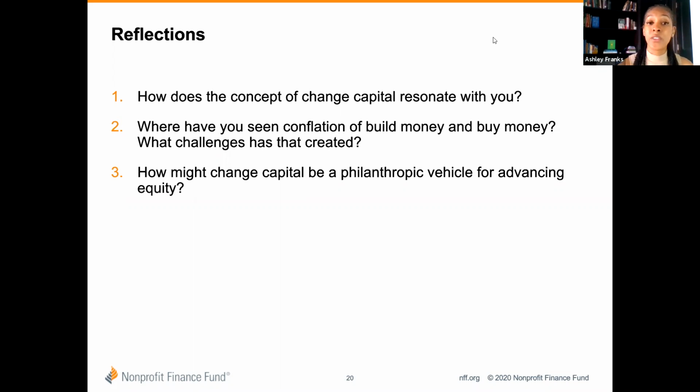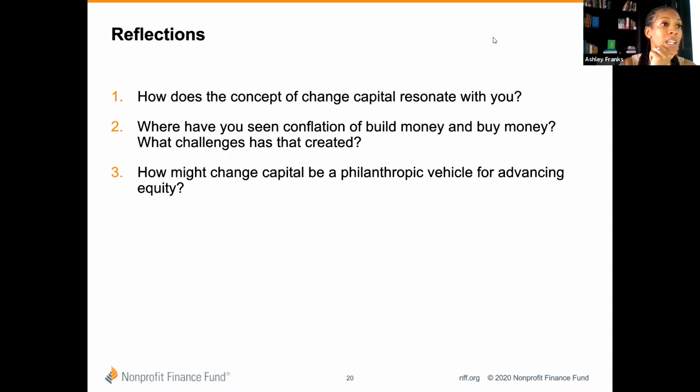And so they wanted to bolster their individual giving program, which meant that they needed to make several new hires, a major gifts officer and a development coordinator. They needed new systems, like wealth analysis engines, all these things that would allow them to bring in more individual giving dollars. And so they're up for about $1 million from a foundation right now to invest in this change. And it's been quite a process figuring out what the change will look like, what the investments will be. It's really exciting though.